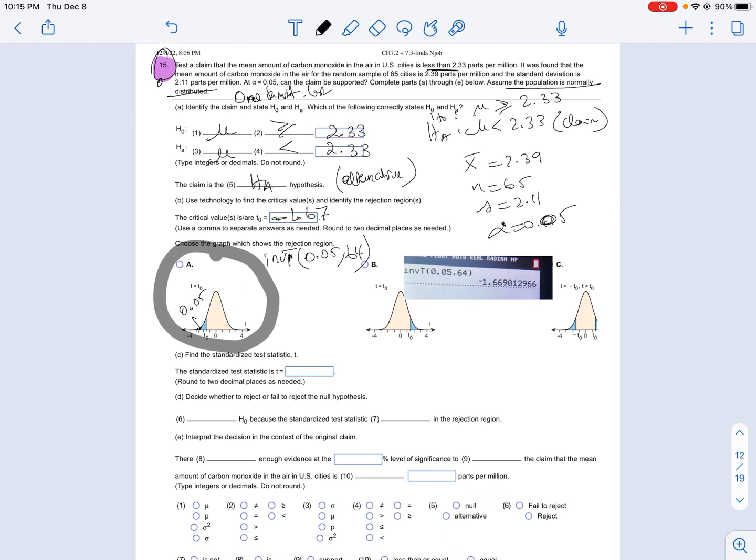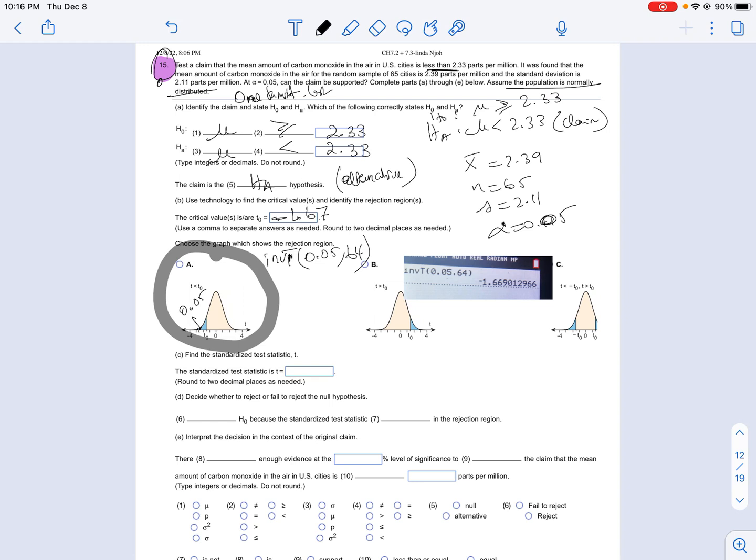The standardized test statistic, we go on the stat, test, t-test. You're going to enter our stats. Mu0 is 2.33. X bar is 2.39. S of x is 2.11. N is what? 65. Okay, so we do less than sign.